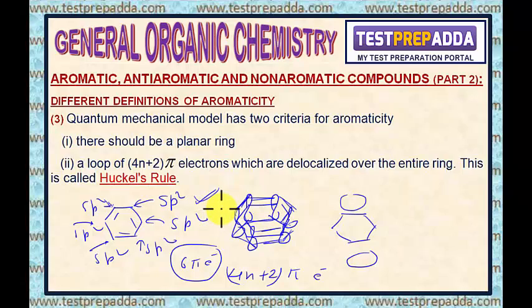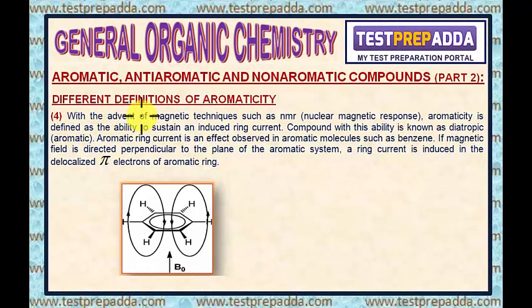Now I will talk about the fourth definition. With the advent of magnetic techniques such as NMR, nuclear magnetic resonance, aromaticity is defined as the ability to sustain an induced ring current. Compound with this ability is known as diatropic, means aromatic.